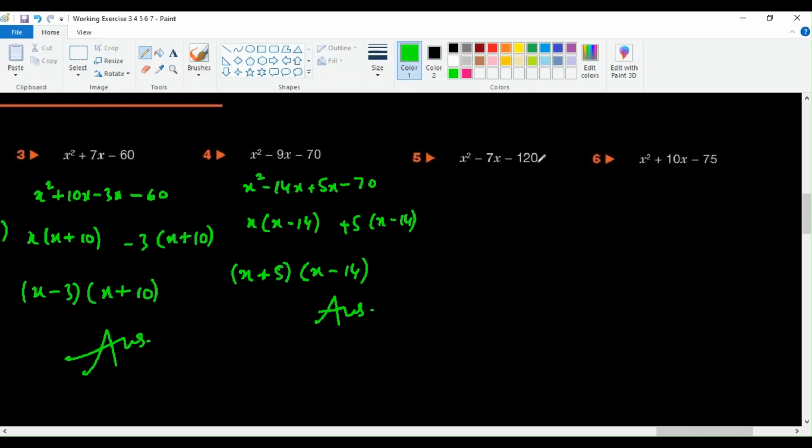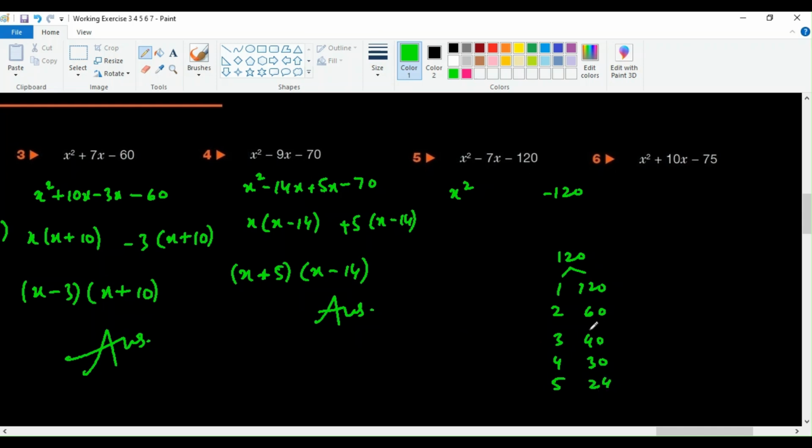When it comes to 120, let's see. I will write minus 120 like this. And to get the factors of 120, how do we get the factors of 120? Something like this: 1 times 120, 2 times 60 and 3 times 40 and 4 times 30 and once divided by 12, 5 times 24.